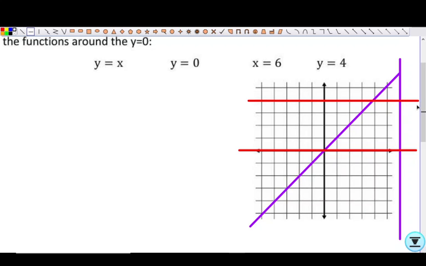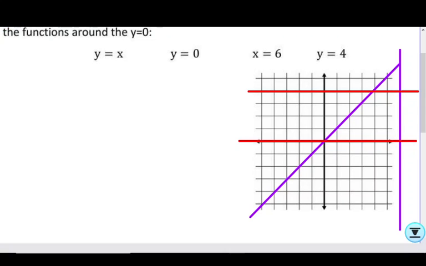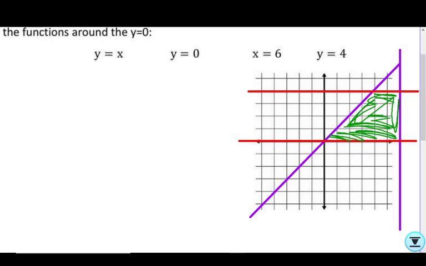So this is my bounded area. The area that's bounded by all of these functions is this area right here. Now, we're rotating it around the y equals 0, or the x-axis, which is right here.